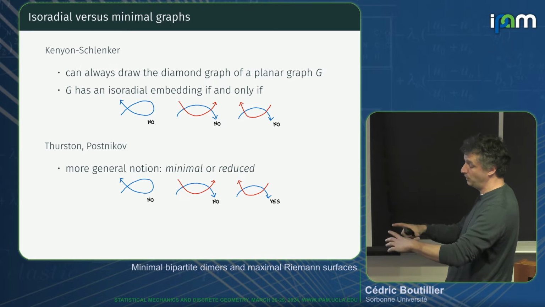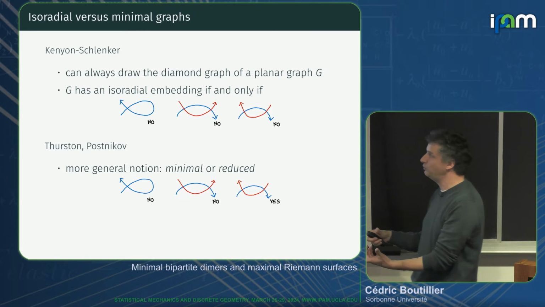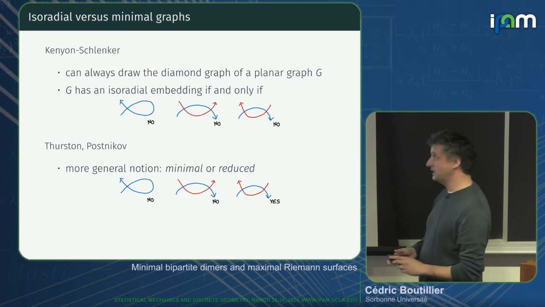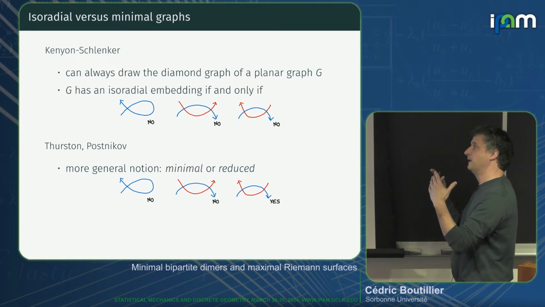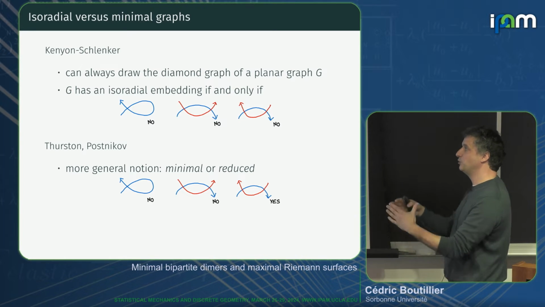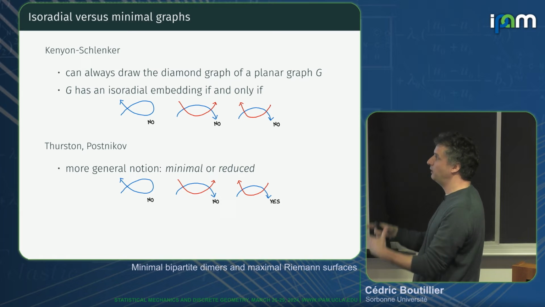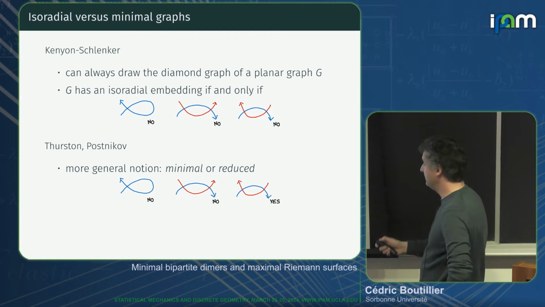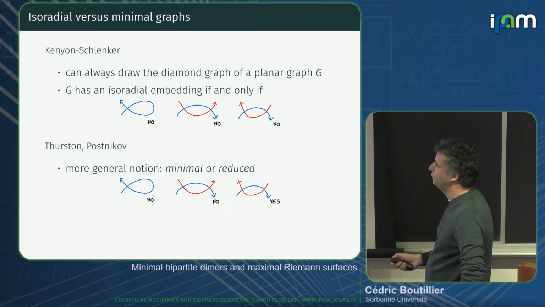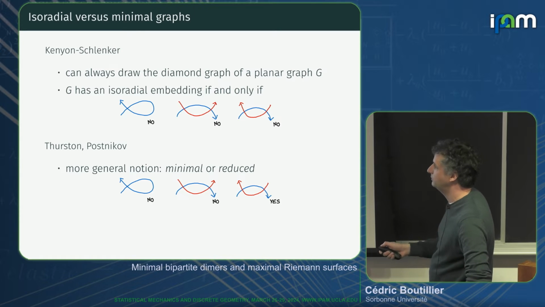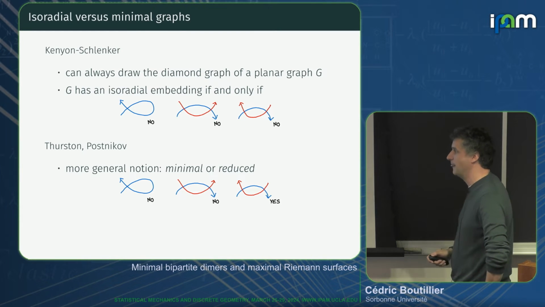So now you have generally just quadrilaterals. And Kenyon and Schlenker proved that you can embed your graph in such a way that these quadrilaterals are indeed rhombi if and only if the train tracks you get do not form any of these three conditions.